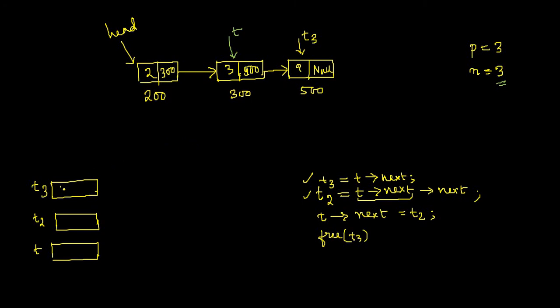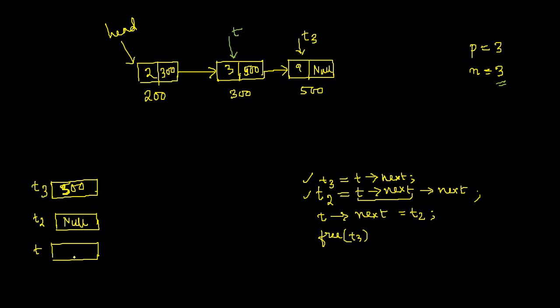That means 500. Fine. And T2 will be what? T2 is T next, that is this node. This node's next means null, so T2 becomes null.